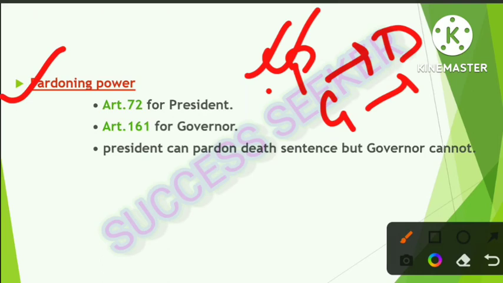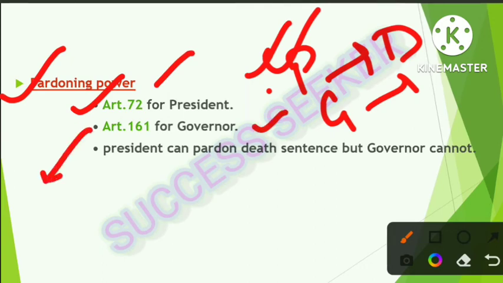Article 72 is the pardoning power for the President, and Article 161 is for the governor. So these were the powers and functions of the President of India, which are very important for your competitive examinations.